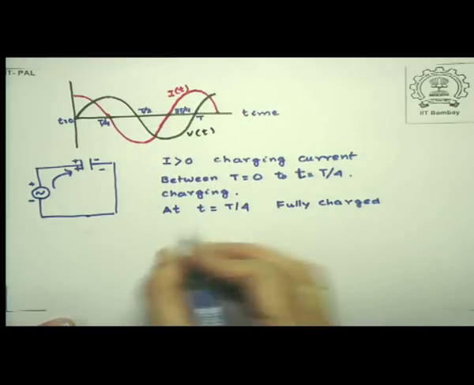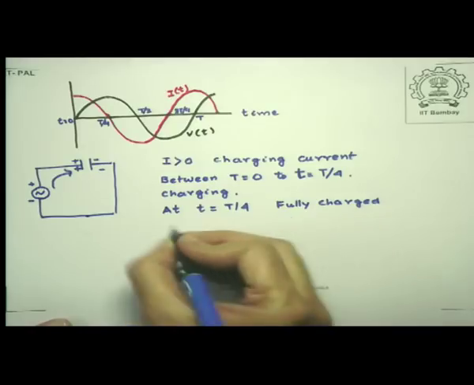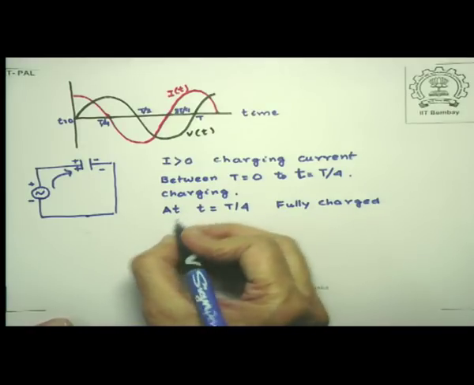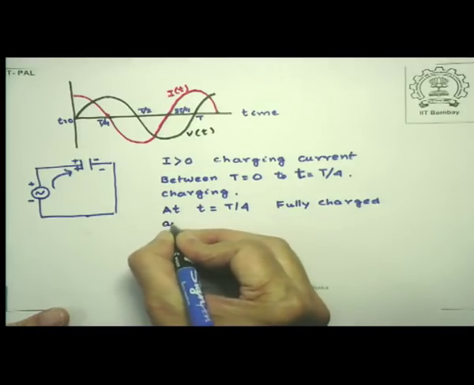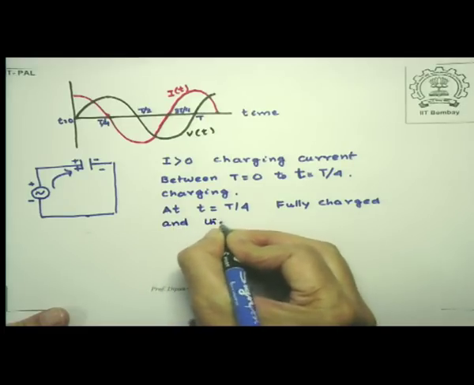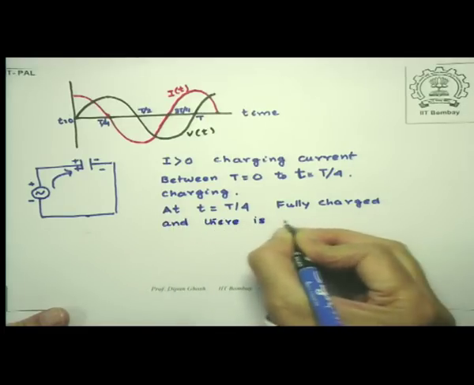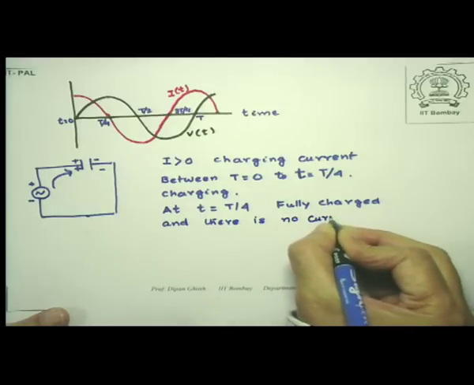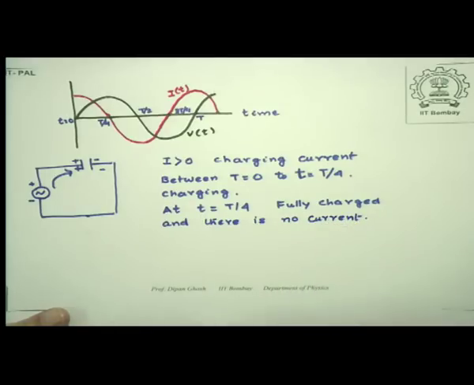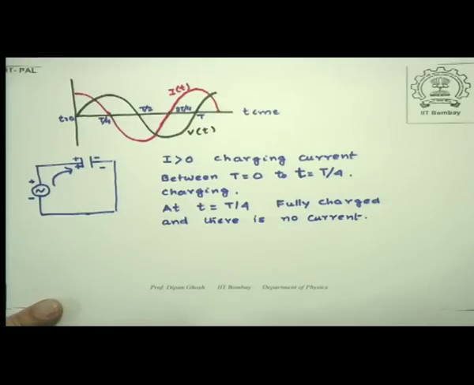So what we said is that at t equal to T by 4 it's fully charged, and for a brief moment there is no current at that instant.